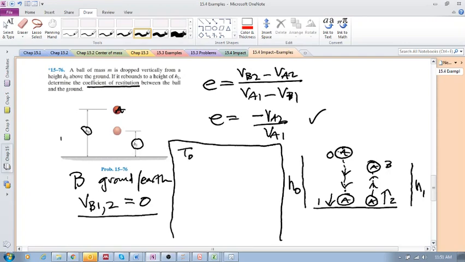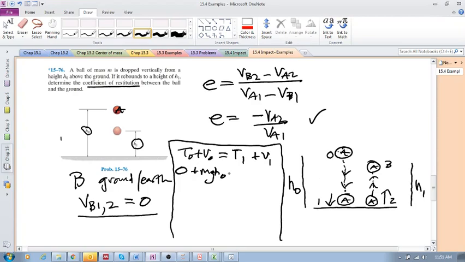T0 plus V0 is equal to T1 plus V1. So the total kinetic energy plus potential energy at state 0 is equal to the total kinetic energy plus potential energy at state 1. What is the kinetic energy at state 0 of this particle? It's 0 because the velocity is 0. The potential energy is mgh0.